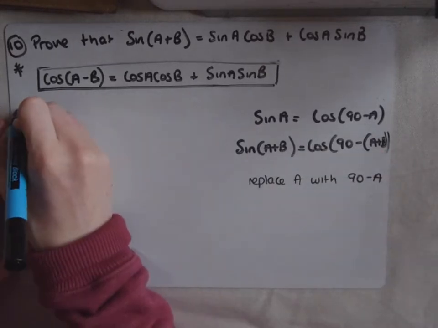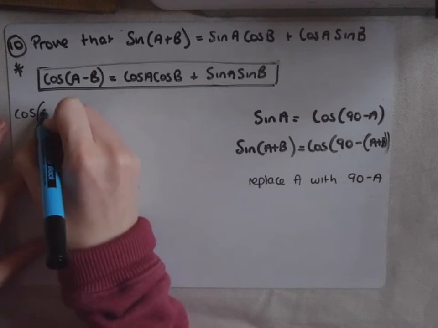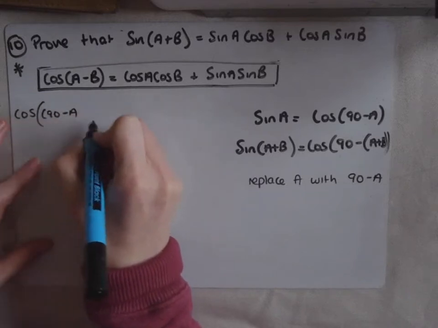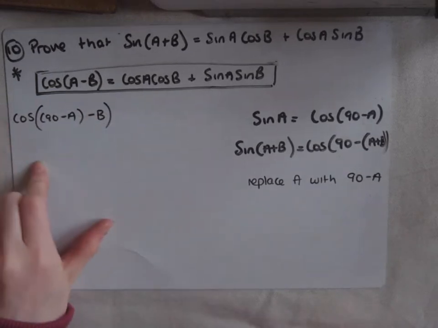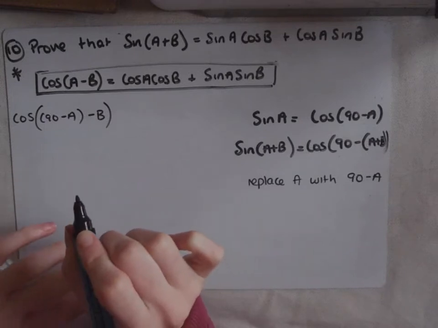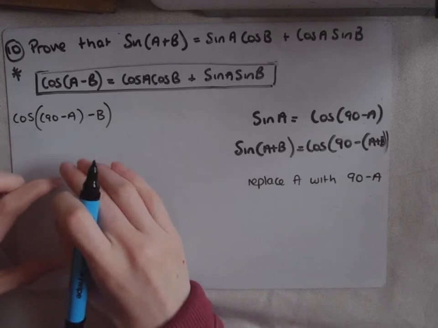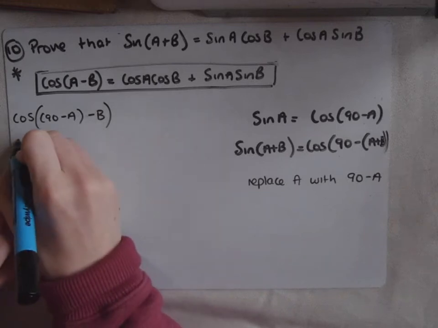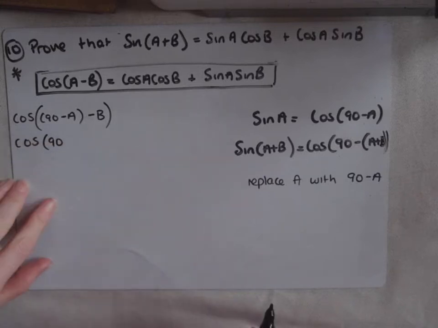So instead of A, we have cos of 90 minus A minus B. Okay? Now, what we actually have here, I'm just going to keep going on the left for a minute. What we actually have here is cos of 90.